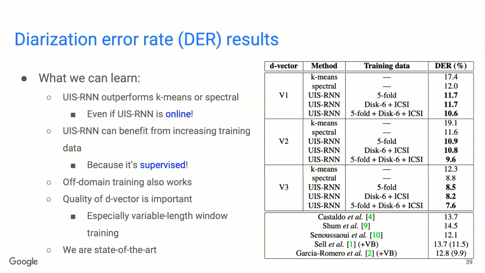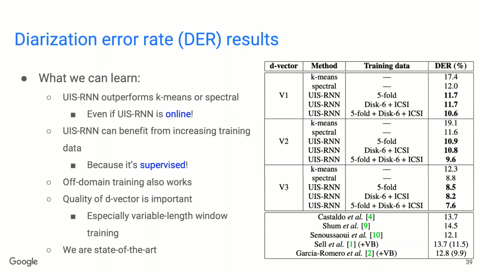Here are the results. So what can we learn here? First, UIS-RNN is apparently the winner, much better than k-means or spectral clustering, even though UIS-RNN is online, while the others are offline. Also, by adding off-domain data, UIS-RNN can improve. This is because UIS-RNN is supervised, so it can benefit by learning from more examples.